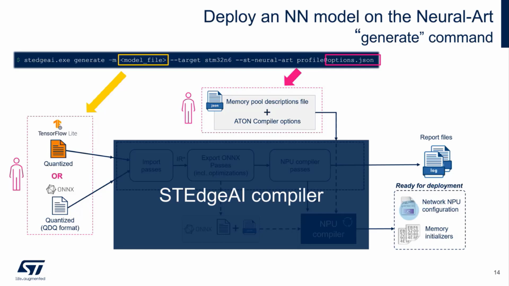And it will give a .c file, which will be the NPU configuration, the neural art configuration, using the add-on API, and a memory initializer, which will be how the input weights and activation function of a given neural network will be organized in memory to be processed by the neural art.